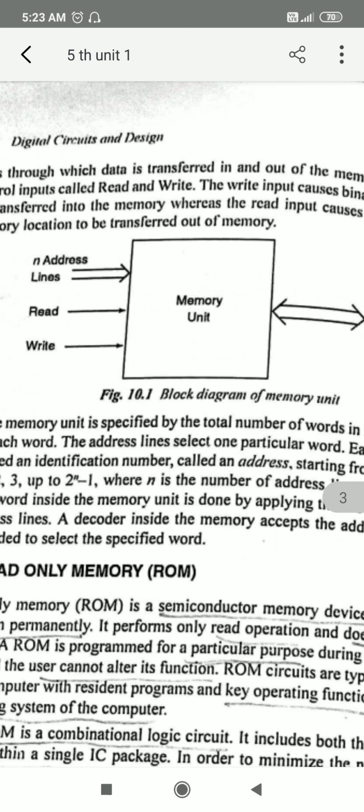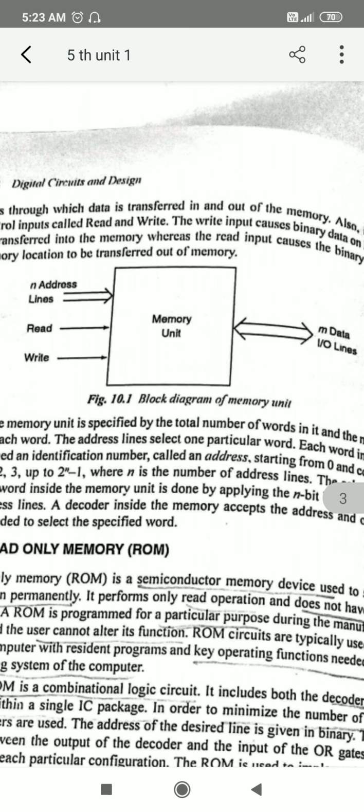We are continuously saying memory. How will this memory be, how is its block? This is the block diagram of the memory unit with n address lines. That is, we are giving n number of inputs, and each and every input has its own address.